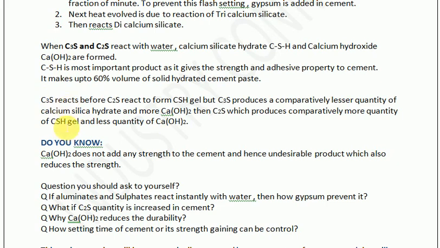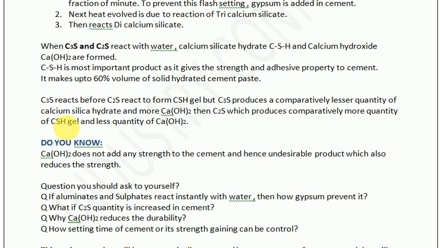Now we know that both tricalcium silicate and dicalcium silicate react to form CSH gel, and we know that CSH gel is responsible for the strength. So basically, the chemical which forms more CSH gel will give more strength to the cement.